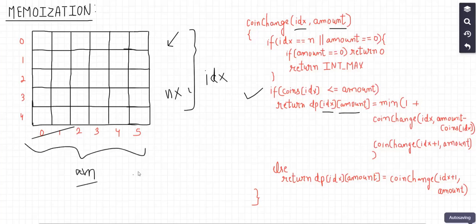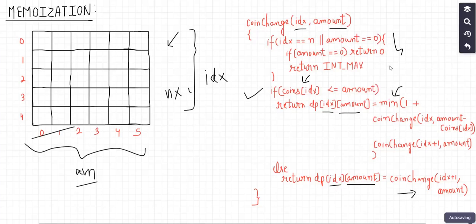So these are the 2 dimensions which we have here, and I'm taking the minimum of the results which are returned here. And the last case is to not use this coin because its value is greater than the amount that we require, and simply jump to the next denomination, and I am storing the corresponding result in my DP array for that particular index and amount.